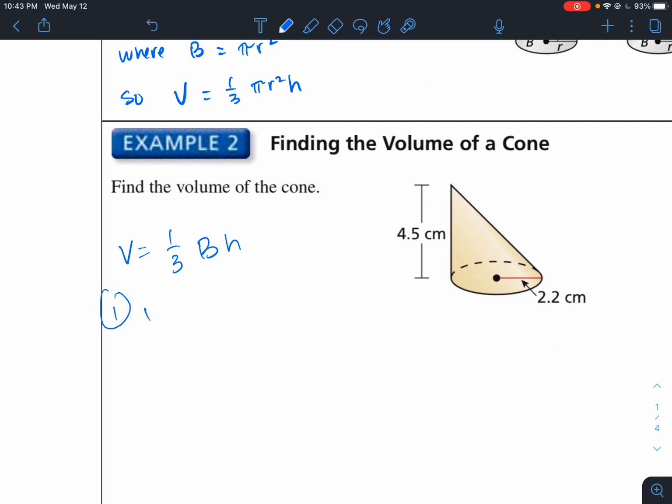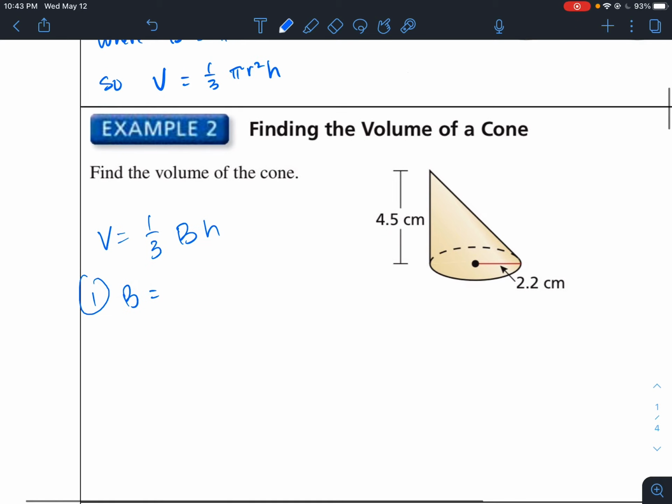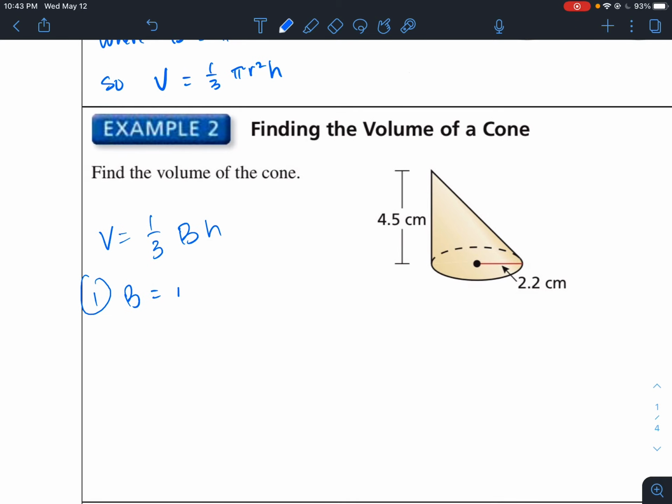So let's find the area of the base, and the base again is the circle, so it's pi times the radius squared, where the radius is 2.2. If we do 2.2 squared, let me do that in my calculator, I get 4.84, so it's equal to pi times 4.84. I'm just going to keep it right there for now.